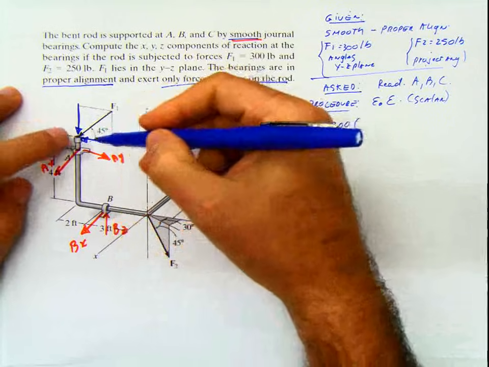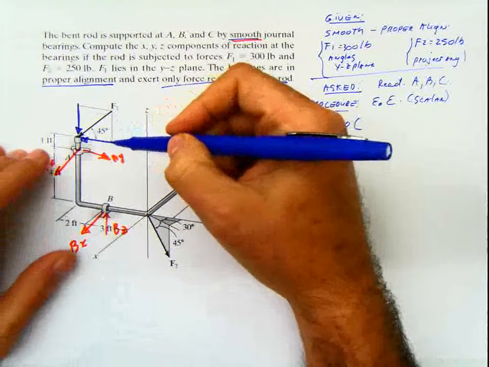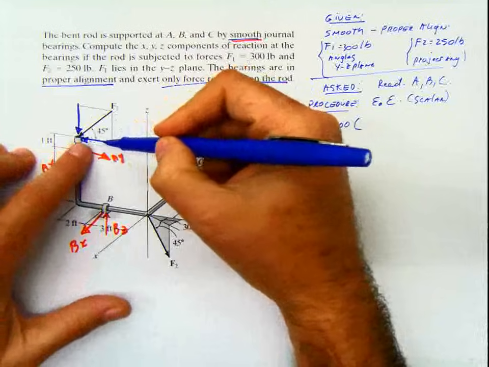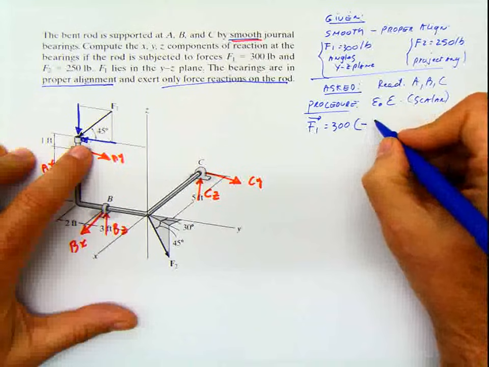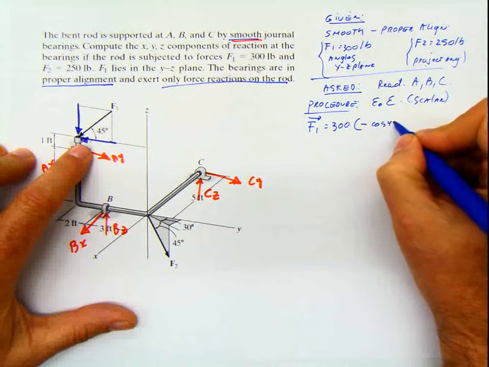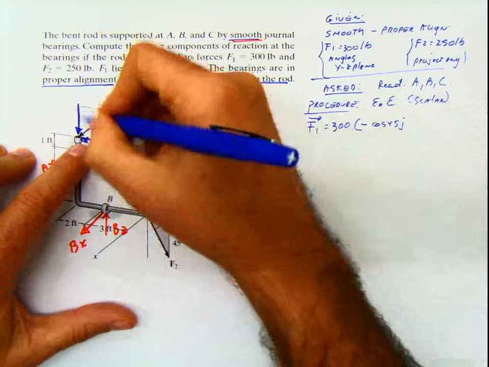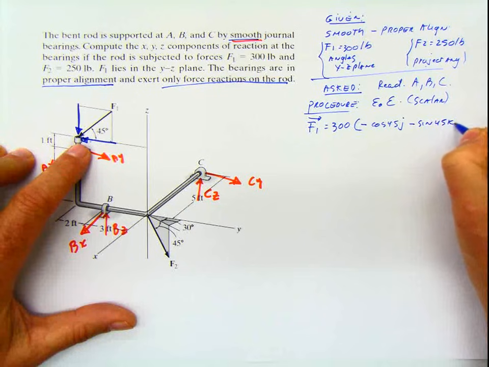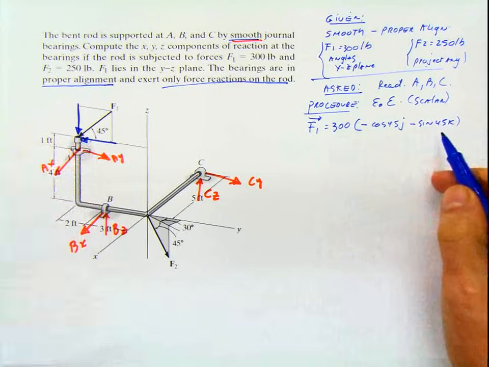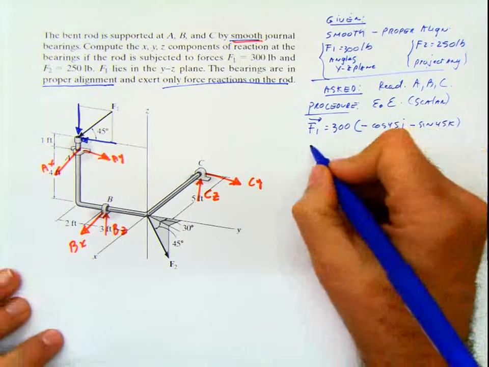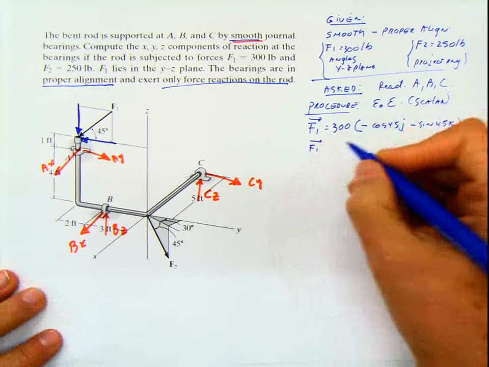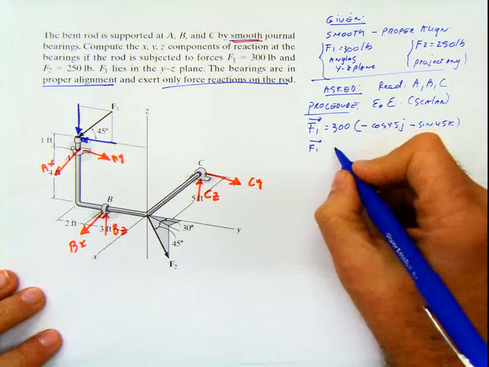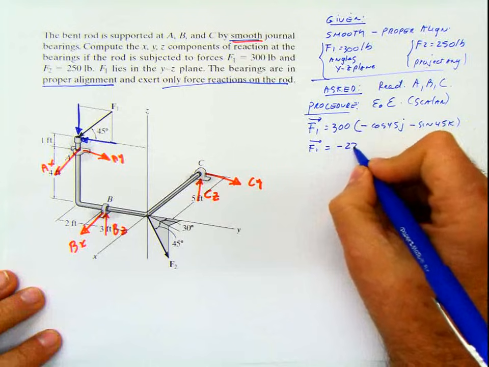First of all, this is the YZ plane. So this is the Y direction, right? So it's going to be negative cosine 45 J, and this one is going to be negative sine 45 K. I don't have to do this. I'm just doing it because I find it easier to keep the values like that, more presentable. That's it for presentation purposes.